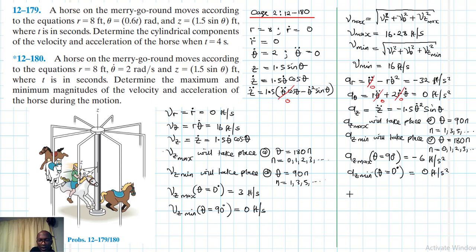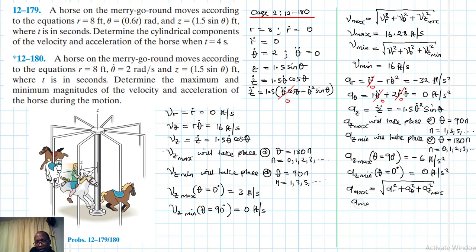So let's find the maximum values. So say A max, using Pythagoras theorem, like we did in the other case, is equal to AR squared plus A theta squared plus AZ max squared.